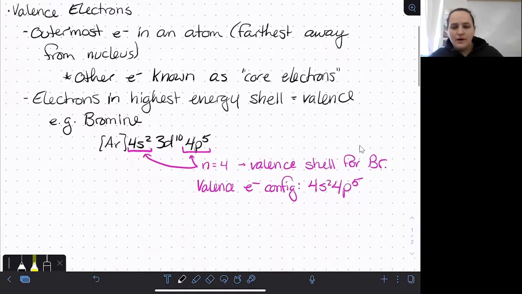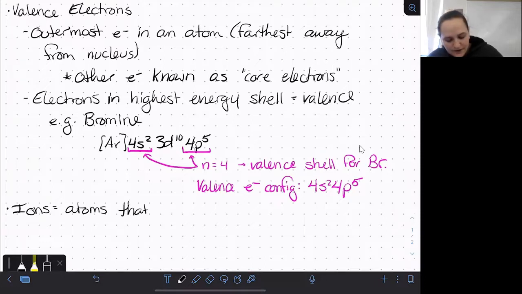So one of the ways that an atom can react through its valence electrons is to either gain or lose electrons to form an ion. So ions are atoms that have either gained or lost electrons so that they are no longer neutrally charged.